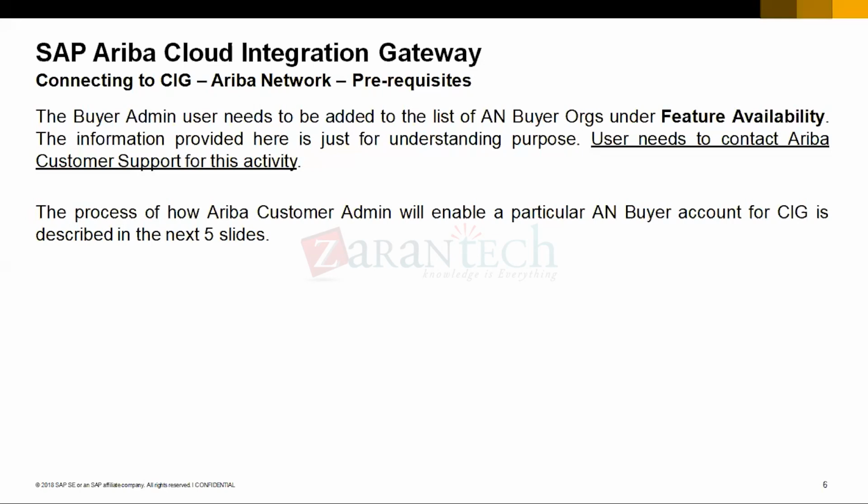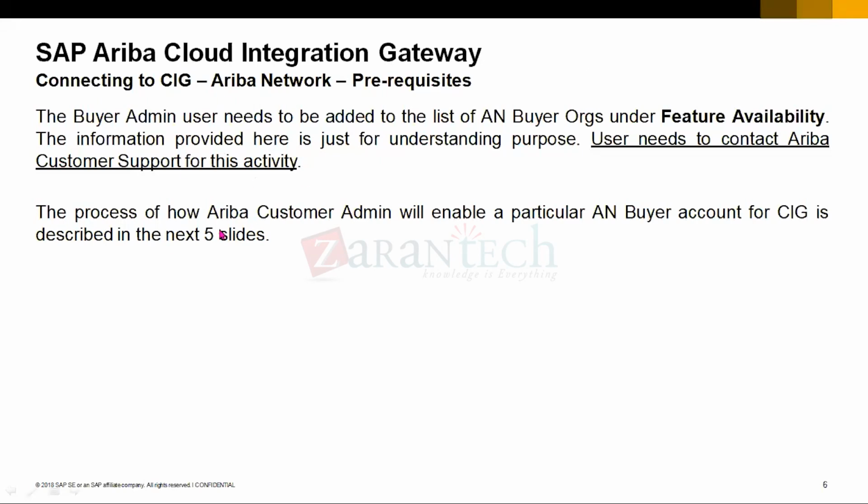And what does the first step require? It requires adding our customer Ariba network ID, or I would say customer licensing ID, to the CIG component under the feature availability status. Feature availability status is a kind of additional configuration that we may get if we are part of the Ariba support team, the Ariba shared service team. In that feature availability status, the customer licensing ID needs to be added for the CIG product.